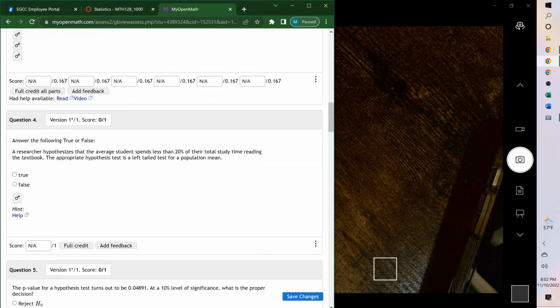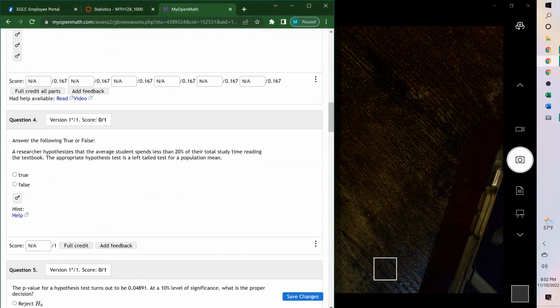A researcher hypothesizes that the average student spends less than 20% of their total studying time reading the textbook.